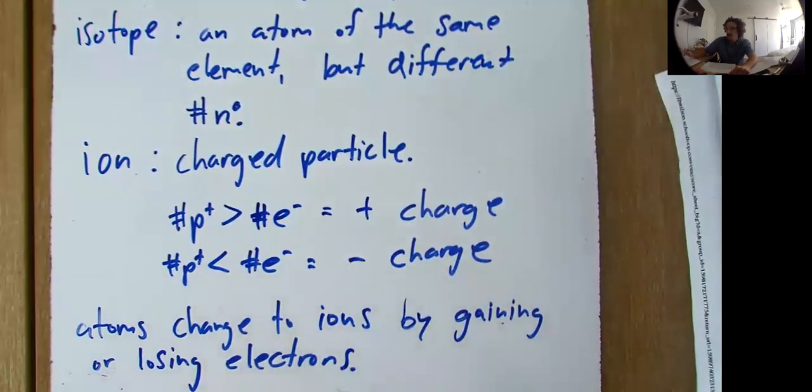Okay? An element's amount of protons will always stay the same for that element, but the amount of electrons can change. And when the amount of electrons changes, it becomes an ion. And there's some rules for how the electrons are gained and lost.